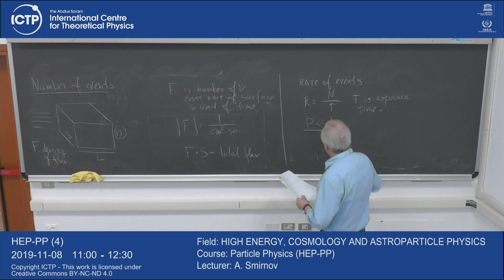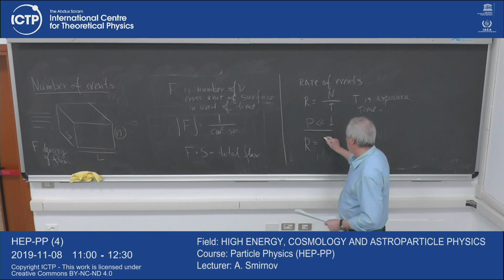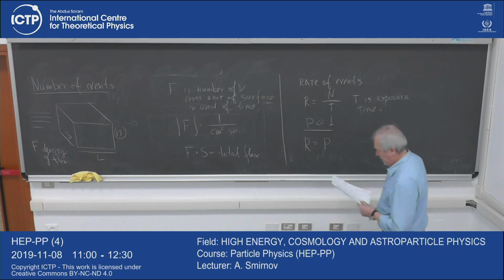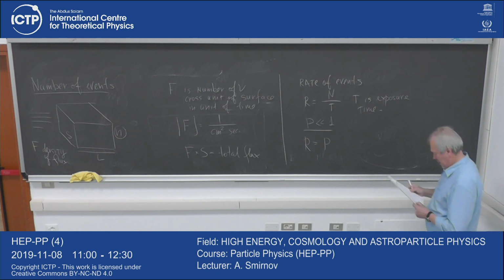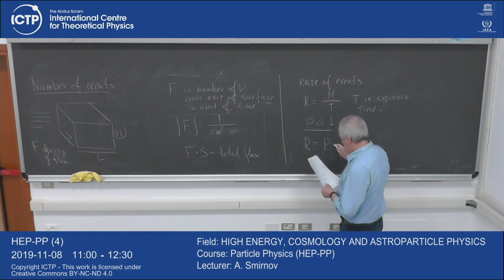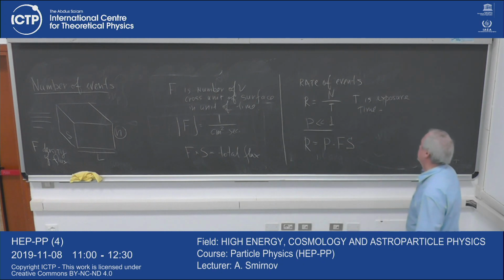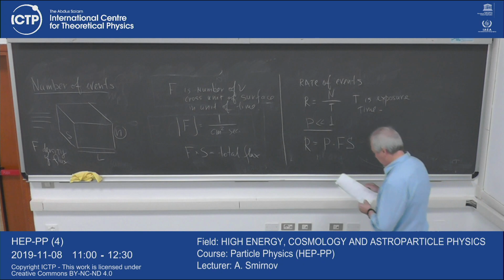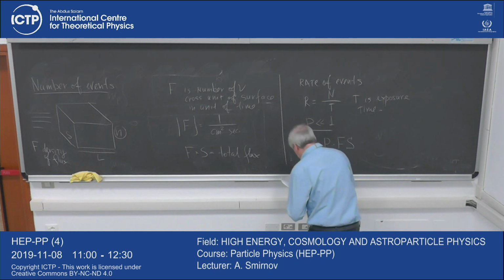So, in this approximation, the rate can be written as the probability of interaction of an individual neutrino multiplied by the total flux. So again, P is the probability of interaction of an individual neutrino.